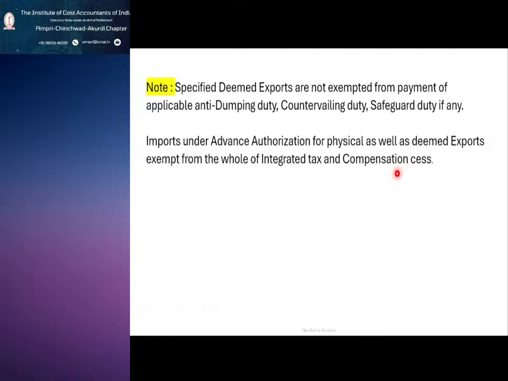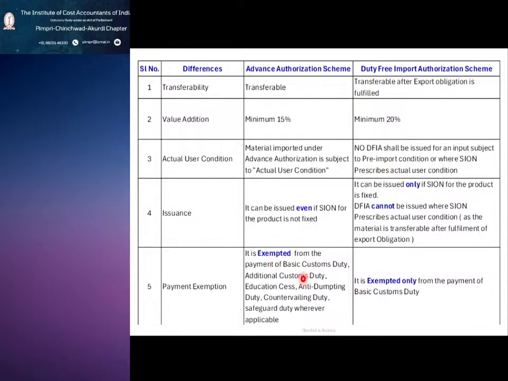This is an additional point; if you can remember it, good, but the rest is sufficient. So which payment is exempted? Here it is only BCD, and here it is multiple different types of duties. This will give you an idea.